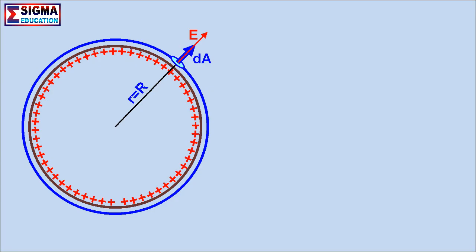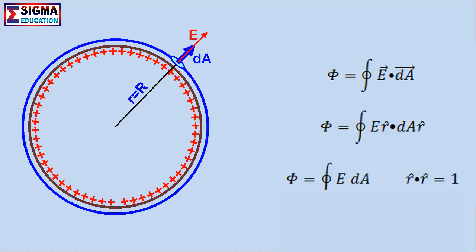Therefore, if we consider an elemental area at the Gaussian surface, then the electric field intensity and area vector will both be radially outward, as in the previous section. Therefore, we use a similar argument as in the previous section to find the electric flux through the Gaussian surface. The magnitude of the electric field intensity at the Gaussian surface is constant due to the symmetrical charge distribution.